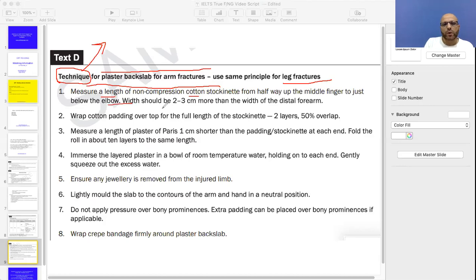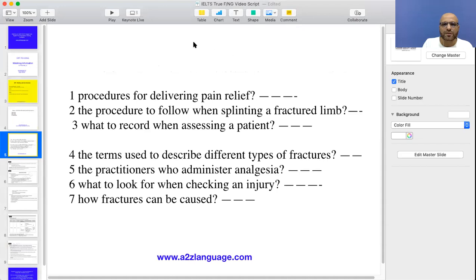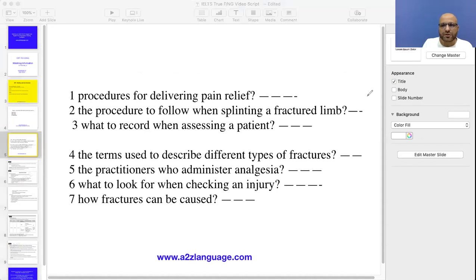This is the procedure to follow when splinting a fractured limb. So the correct answer is D. Let's remove the annotation and let's mark the answer D here and C here. Okay, so there we go.